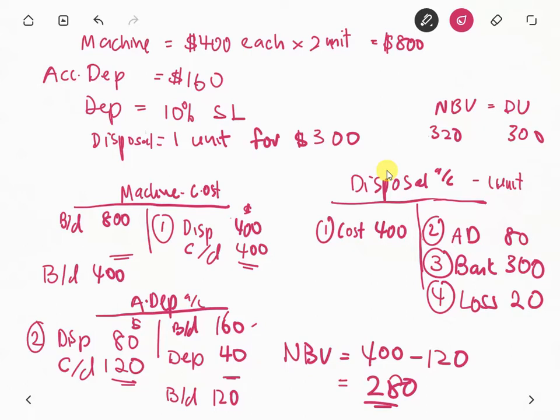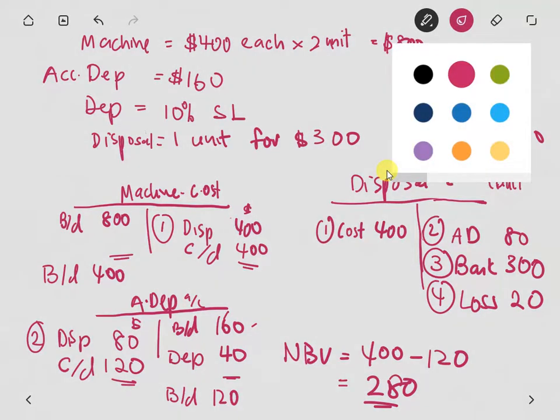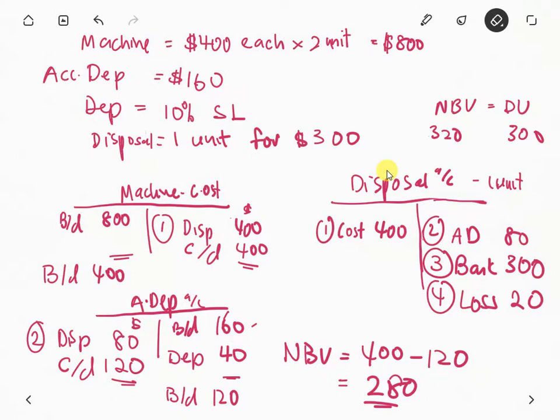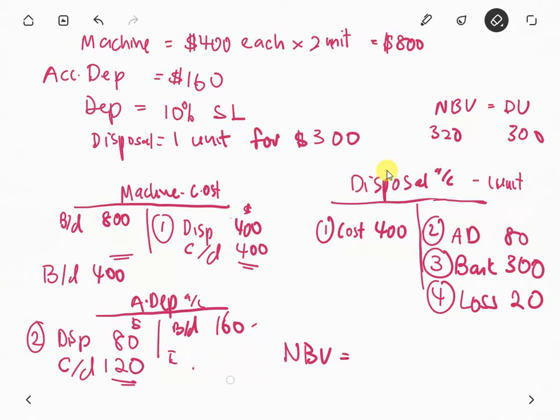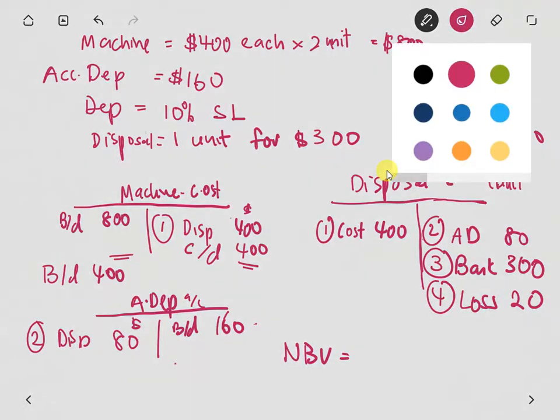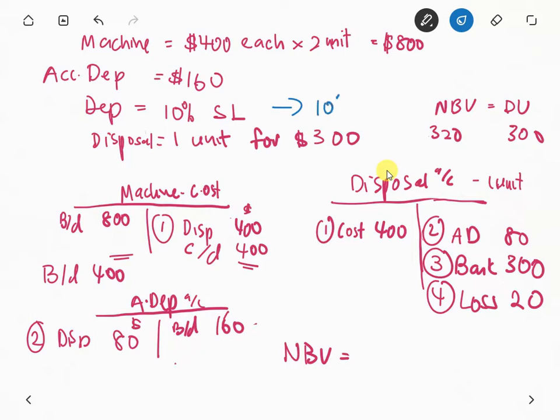Okay. Now, what if this one is settled with the straight line method, 10% on 400, done? What if at the end of the year I decide to charge depreciation on reducing balance? End of the year, I decide to charge 10% on reducing.